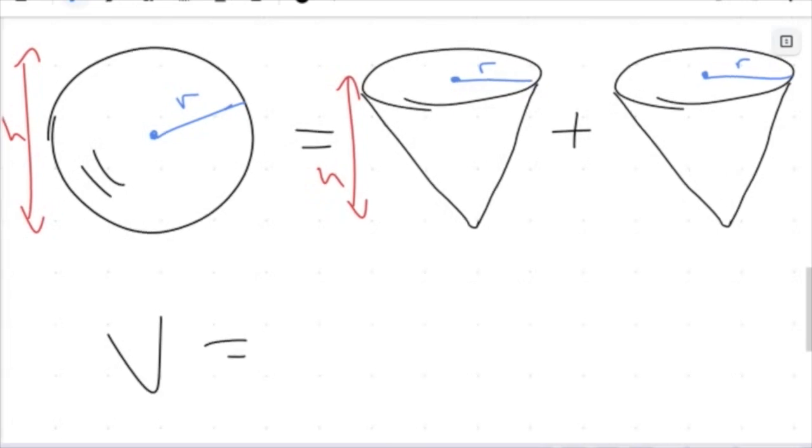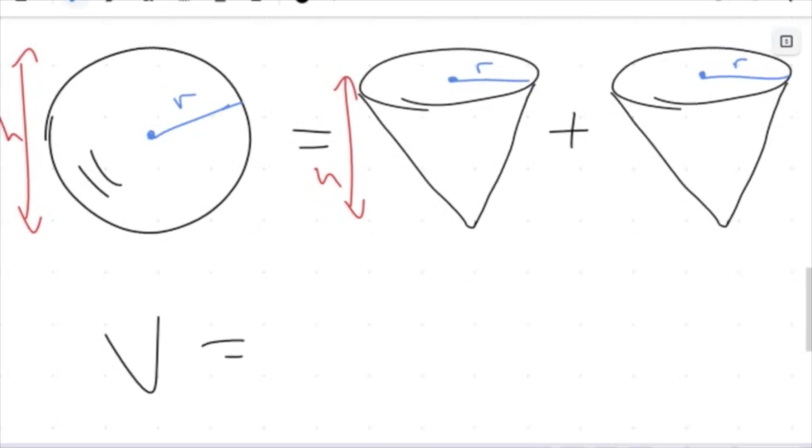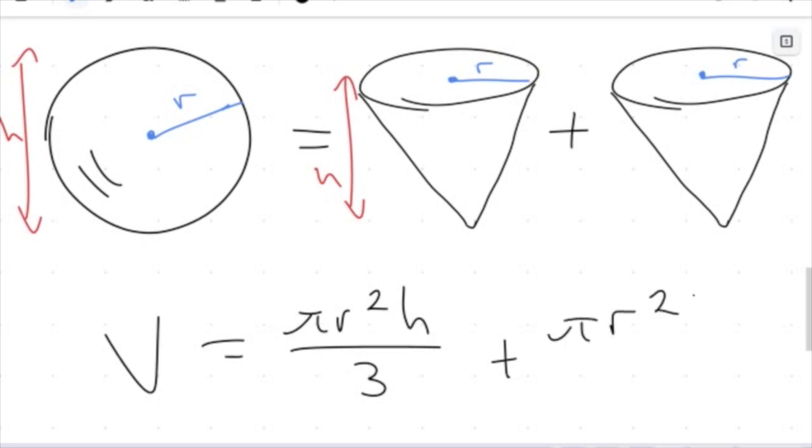But I'm just going to add them together, do it the long way. So what's the volume of a cone? Well, we learned that cones have 1/3 of the volume of a cylinder. So this is going to be pi r squared h divided by 3 plus pi r squared h divided by 3.